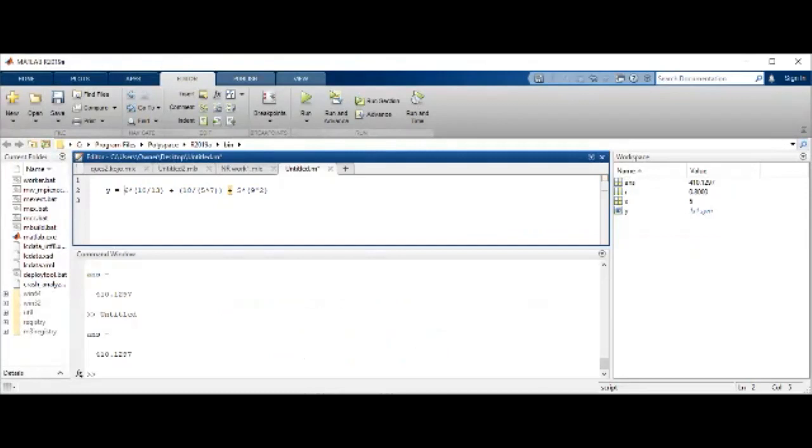If you do that, it means you are assigning whatever answer is here into y. That is what we mean by the assignment operator, the equal sign. We assign the answer into y. Meaning if you evaluate it and the answer is 410, it will store it in y. Are you okay?